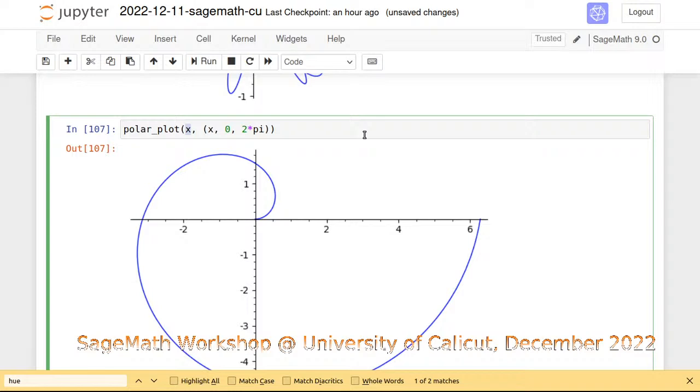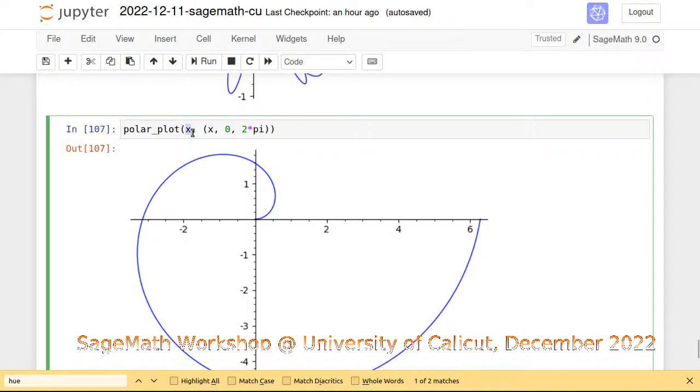So here, corresponding to each x in the range 0 to 2 pi, the corresponding value is found, and that is taken as a polar coordinate value. So here you have the point like r comma theta, right? Theta is coming from 0 to 2 pi, correspondingly the r is found, and at a distance of r, the theta angle is marked.